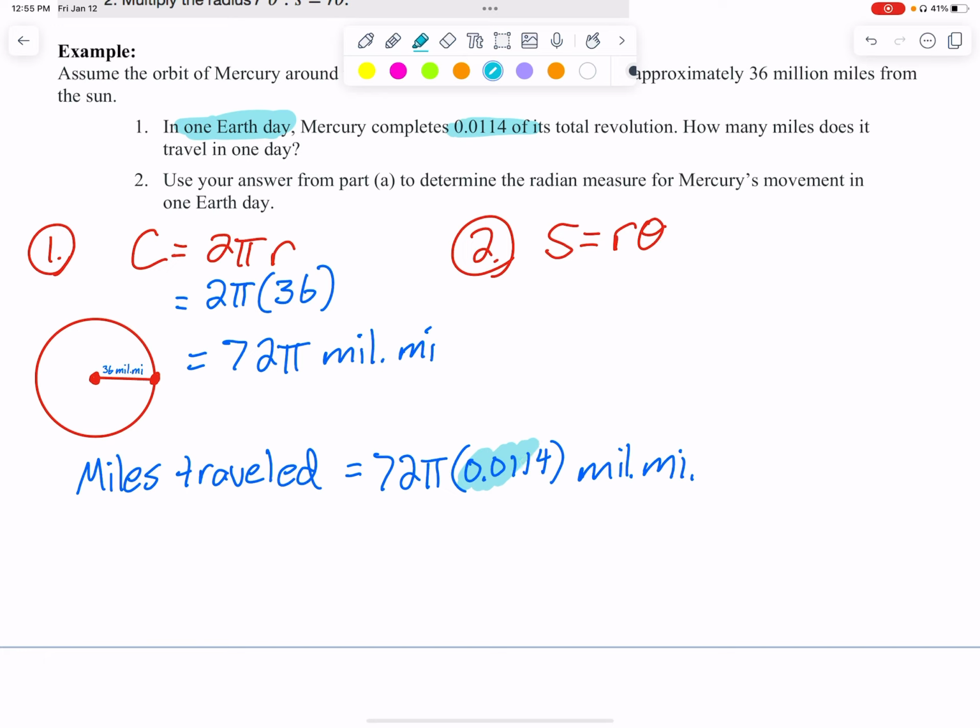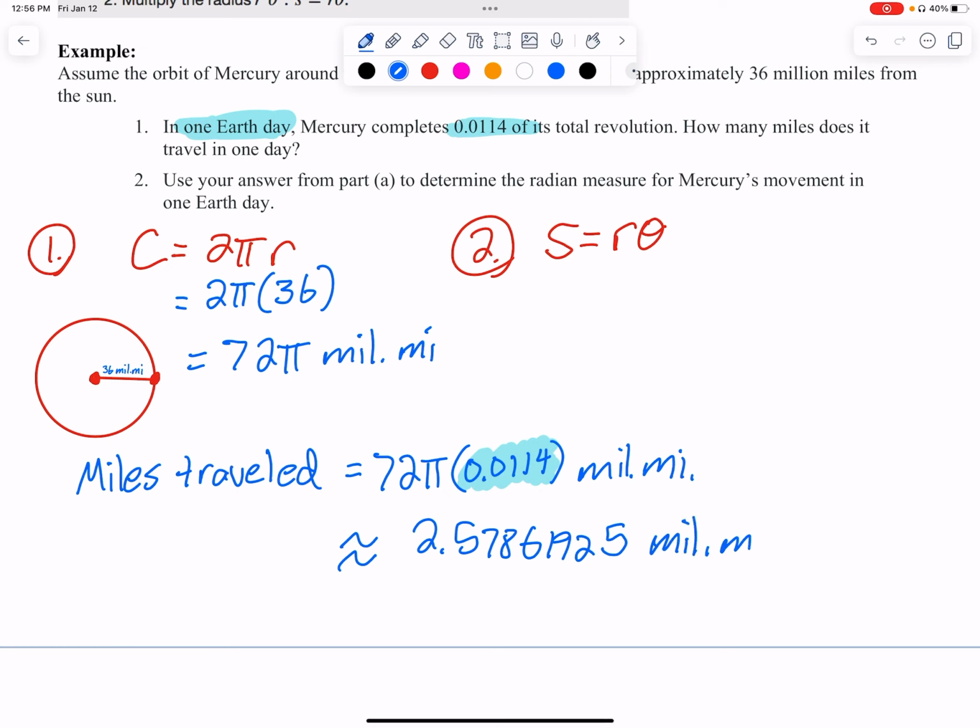That's why we're taking our total distance all the way around, 72 pi, and timesing by that number, because that number will give me that fractional part. This is roughly 2.57861925. I always write all my numbers out, million miles. It's quite a bit in one day.